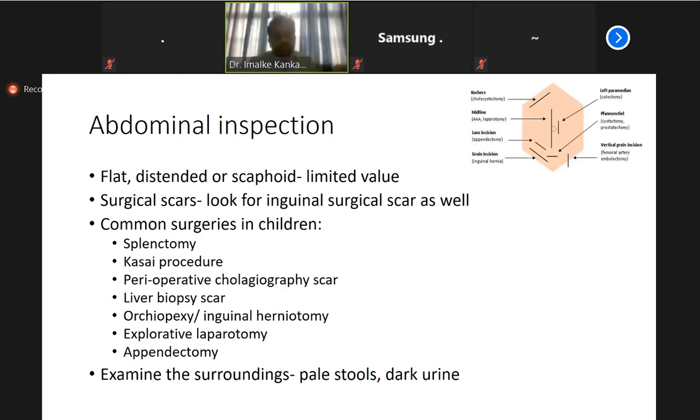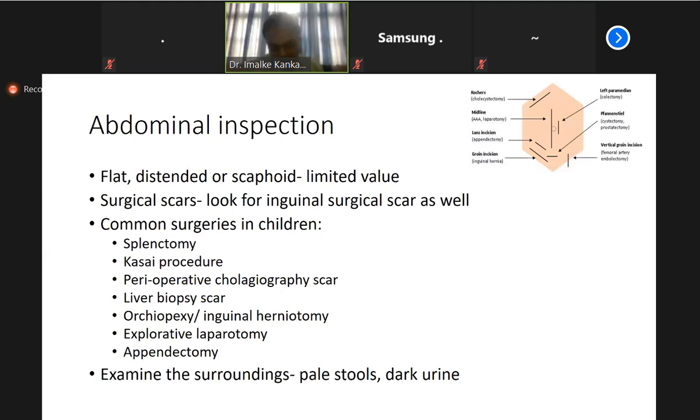Right? Common surgeries in children. Splenectomy is very common in thalassemics. Kasai procedure is common among biliary atresia. Perioperative cholangiography scar is almost at the exact place of the biliary tract and the liver, but the scar is small. Liver biopsy scar is the smallest scar.